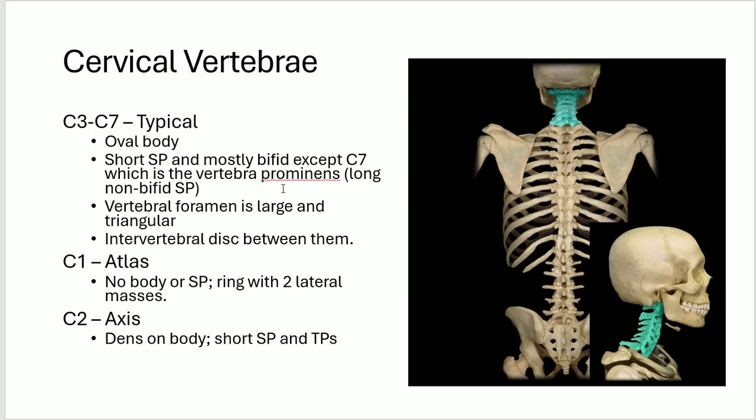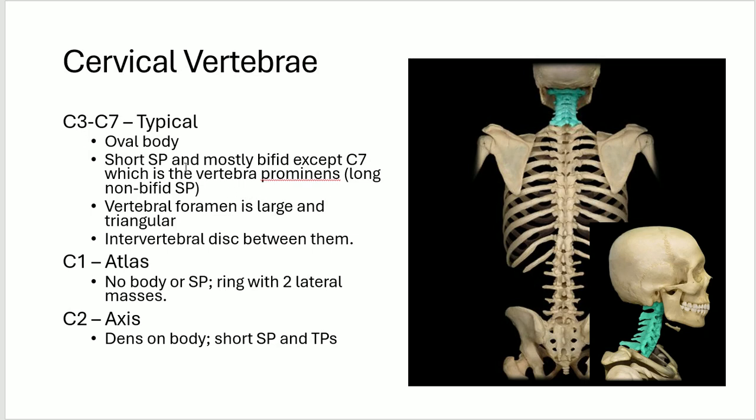C7 is there so that your head doesn't go too far backwards when you're rolling your head backwards. And that's this one that's sticking all the way out down here. That's C7. So this one is the only non-bifid spinal process. Make sure you know that.